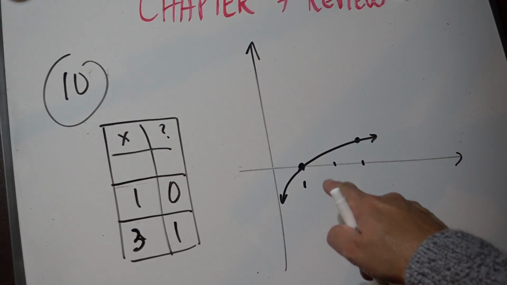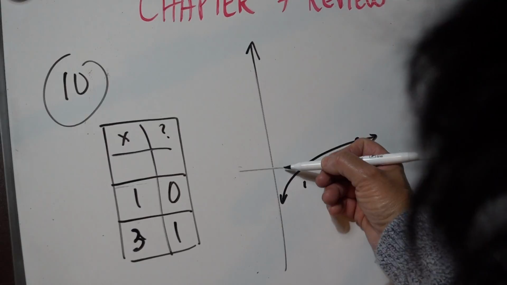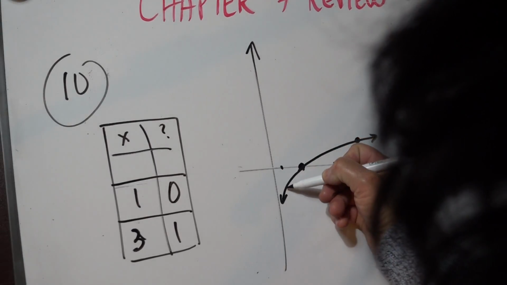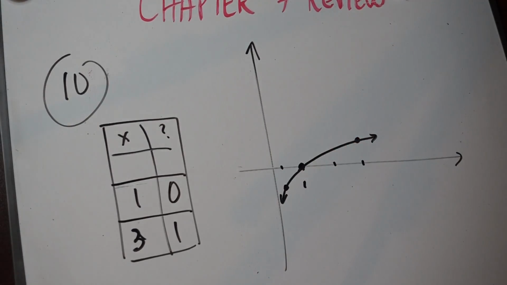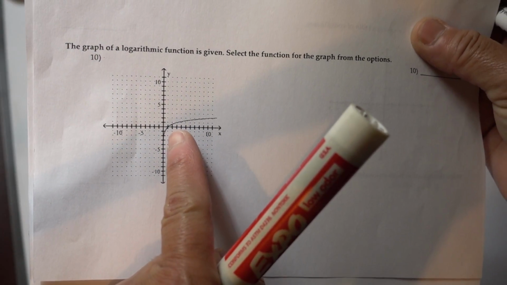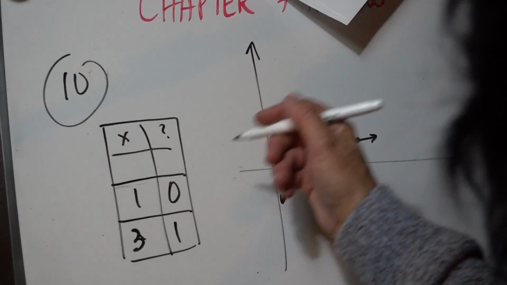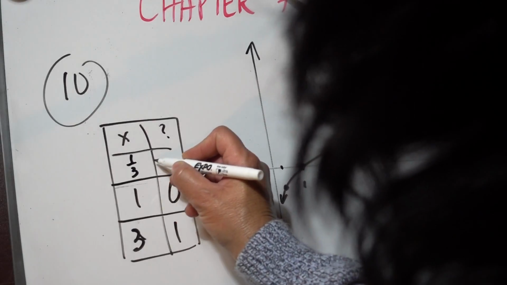So this is log base 3. The only one that we need to check is 1/3, -1. If you see, 1/3, -1 is right there. You can check it. You can see very easily. So 1/3, -1 is another one.